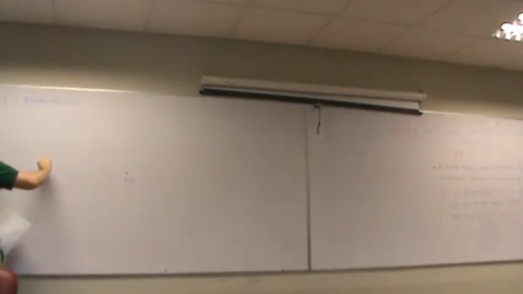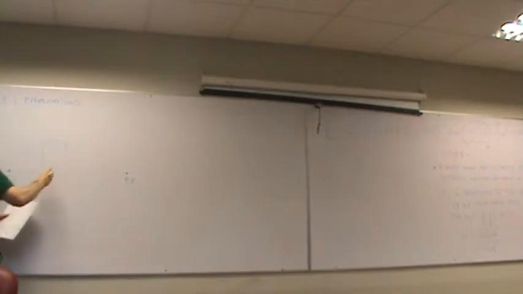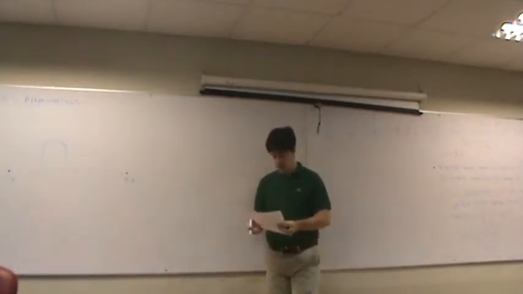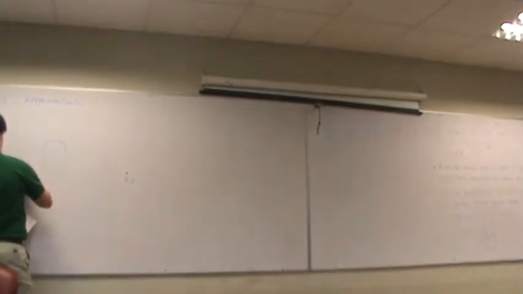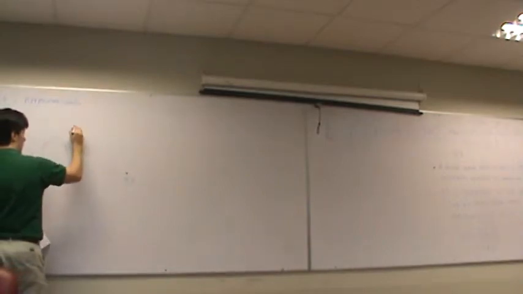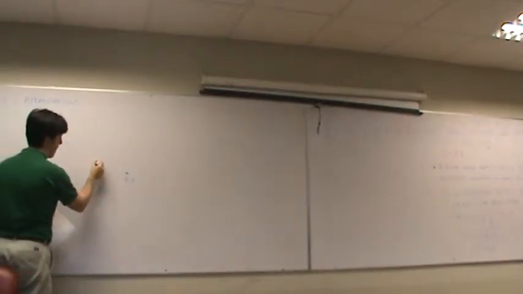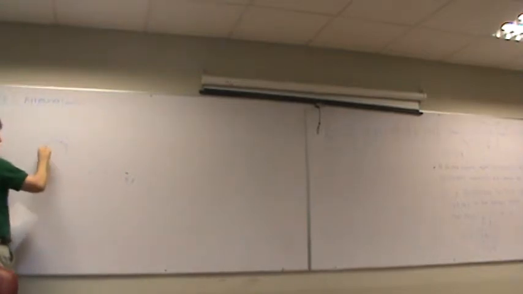So let's assume that you have something like that, a rounded obstacle. You first calculate the insertion losses due to a knife edge. And then you add an extra contribution.